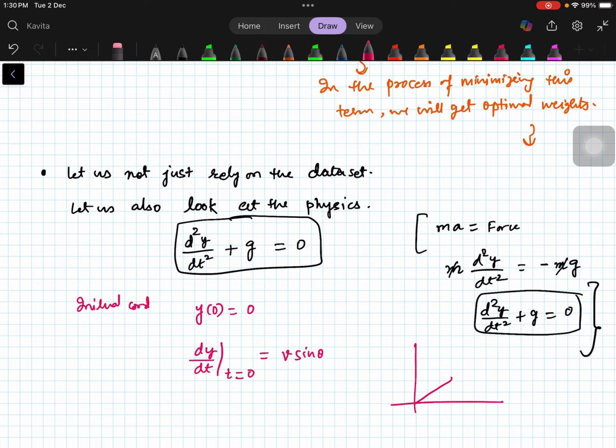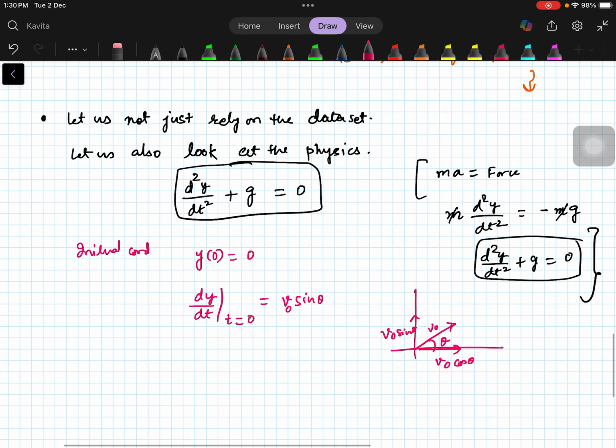Because you are throwing the ball at an angle of theta. So the horizontal velocity component is v naught cos theta, and the vertical velocity component is v naught sin theta. And then we also want the final position to be 0. At the final time the ball should hit the ground again, so y at capital T should be 0.